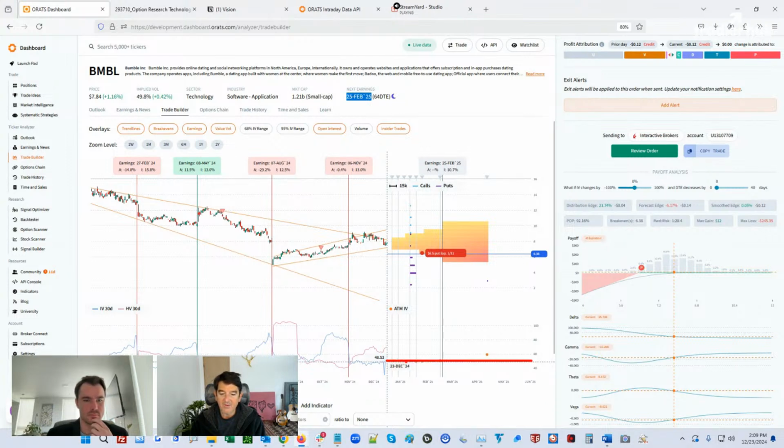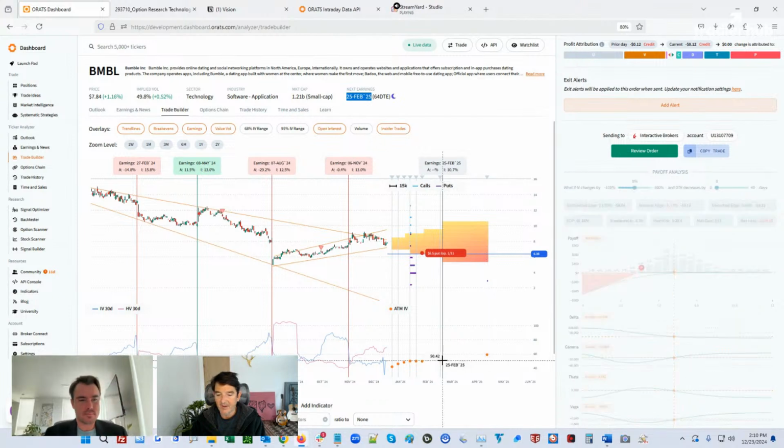So that's where we're drawing the 30-day implied volatility at that point. I'll press escape, but you can see that some of the front months are well below that amount, and then after earnings, the vol goes up to somewhere like 60.